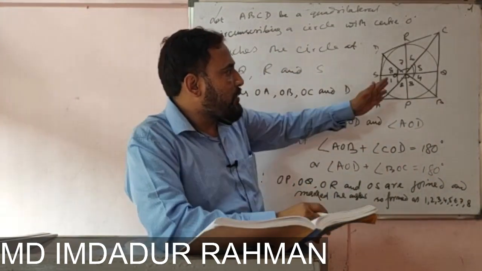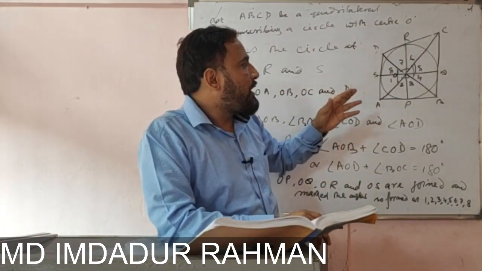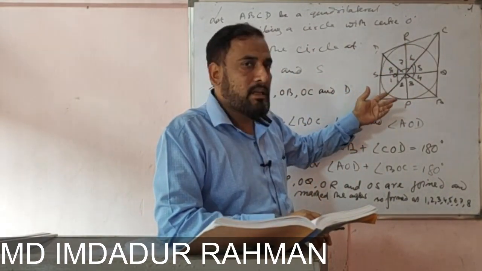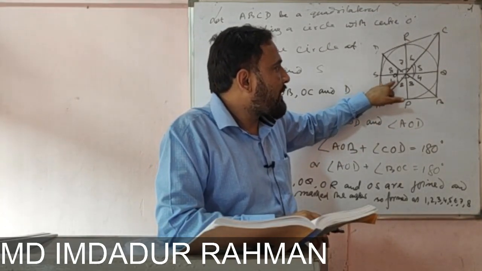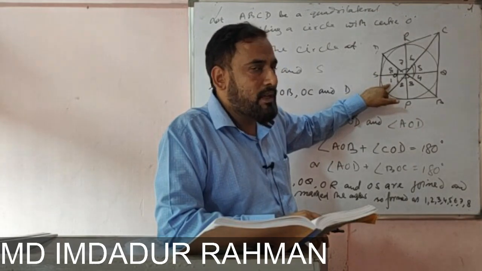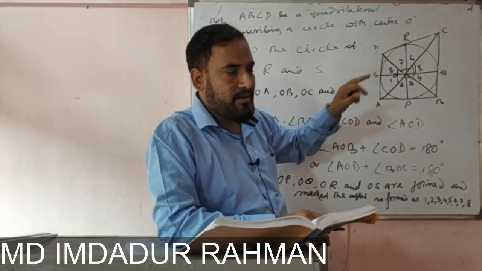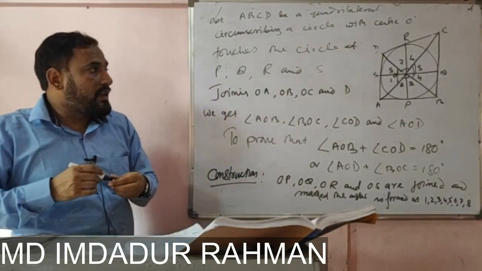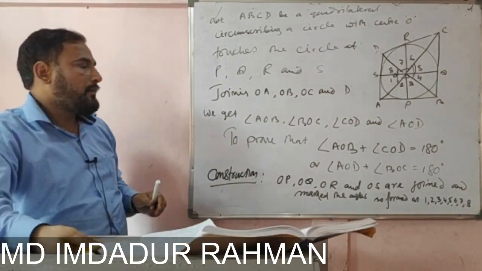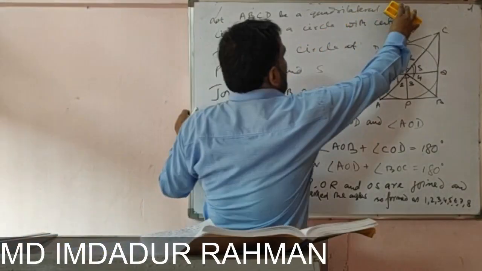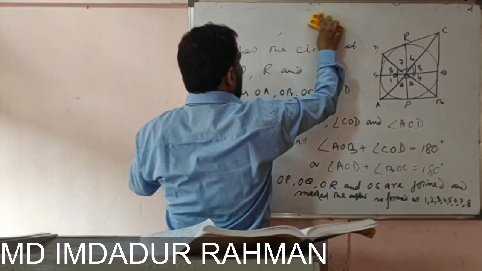You see, after joining OP, OQ, OR and OS, we get more angles, and we are marking all these angles as 1, 2, 3, 4, 5, 6, 7 and 8. Using this, we will prove that the angles formed by the opposite sides are supplementary at the center of the circle.